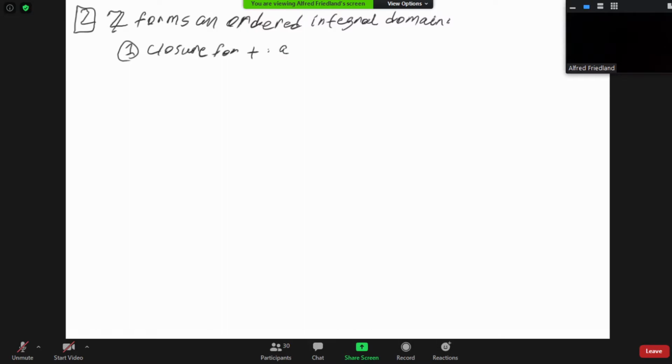We'll start by setting, so I don't have to keep repeating this, that a, b, and c be any integers. So if a and b are integers, then a plus b is an integer. a plus b is in the set of integers.